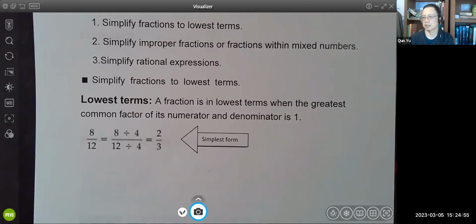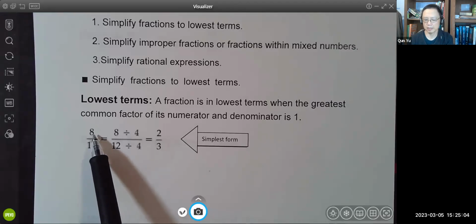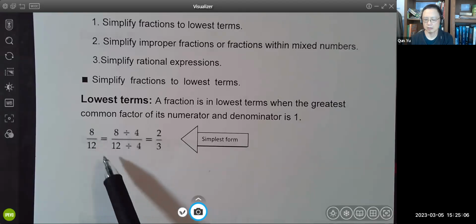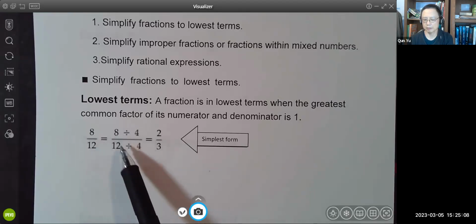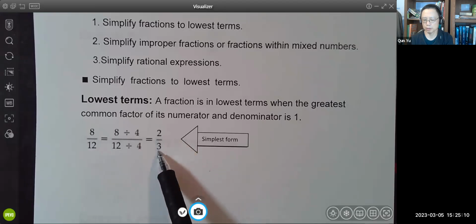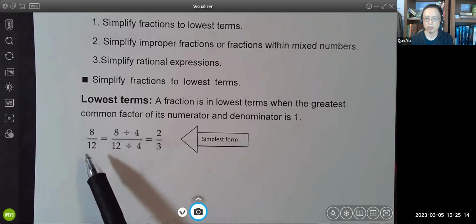And when a fraction is in its lowest terms, you cannot simplify it further. For example, we have this 8/12, and we can divide both sides by 4, and the result is 2/3. And 2/3 is equivalent to 8/12.